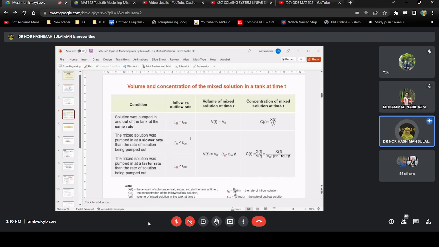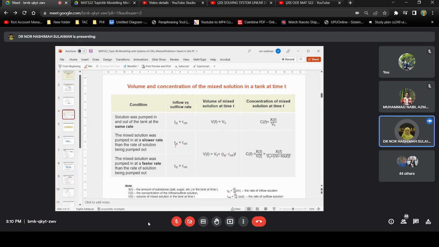Okay, so I'm sure you still remember this table. I've already explained to you the slide ni kan, on the volume and the concentration of the mixed solution depending on the rate. Again, these are the three cases that I've already mentioned earlier. If the rate in equals the rate out, then there's no change in terms of the volume of the solution in the tank at time t.